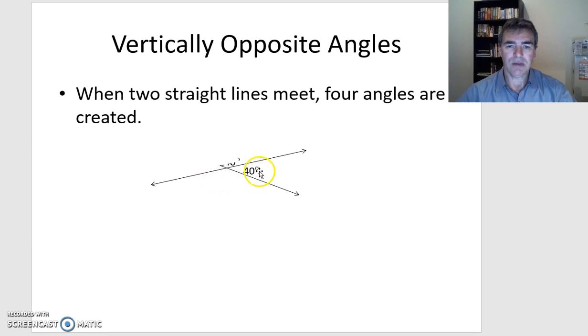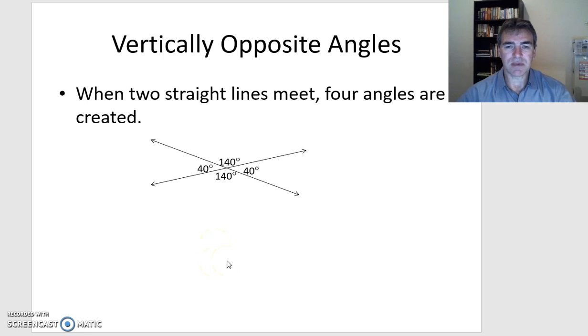So if that's 40, 40 plus 140 gives us that supplementary angle there. So we have now 40 and 140 gives 180 degrees. And we could do a similar thing: if that's 140 and we have a straight line there, they have to add up to 180 round here. So that missing angle there must be 40 degrees.